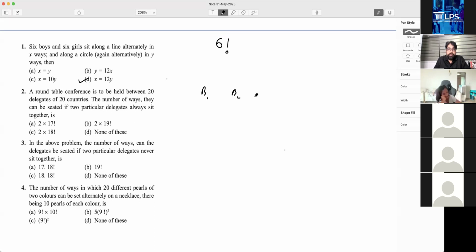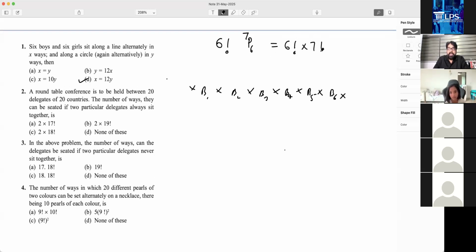If B1, B2, B3, last class we discussed these things, B4, B5, B6, these are the places. The total is 7 places, so 7P6 will be there. That will become 6 factorial into 7 factorial, and this is the value of X.